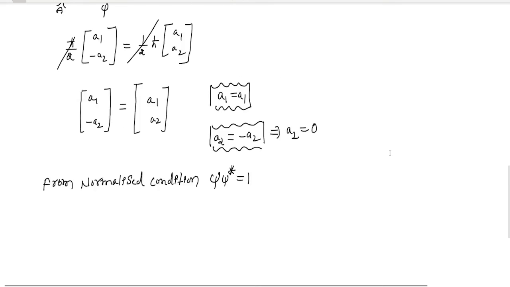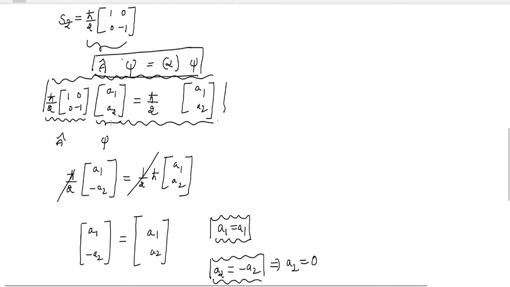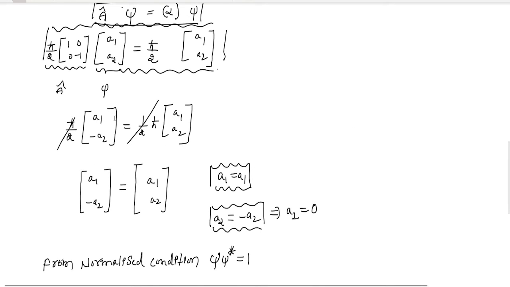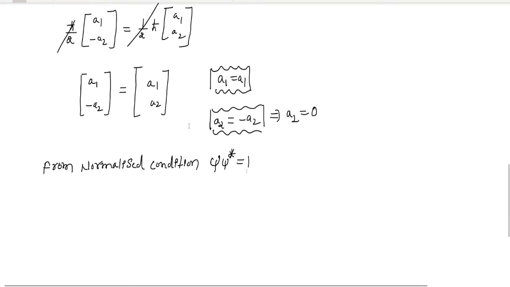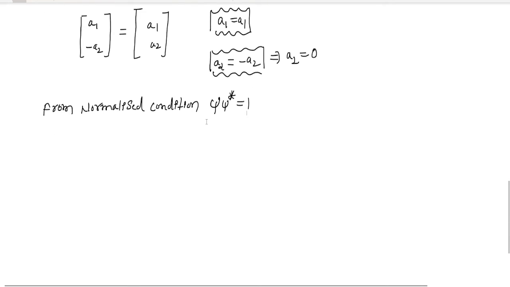Here, what is psi? This is psi, A1, A2. We know the ket vector is represented as a column vector, and the bra vector as a row vector.